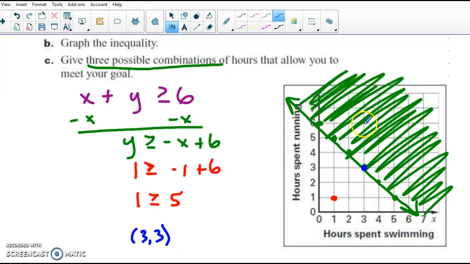And any other point that is in this shaded area would work as well. So for this point is 6 hours of swimming to 3 hours of running. Or I could look at this point. This point is 3 hours of swimming to 6 hours of running. So those would be 3 possible combinations of hours that allow me to meet my goal.